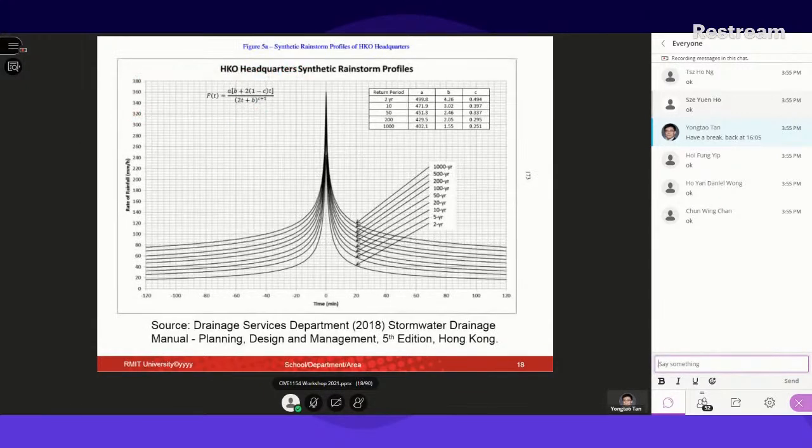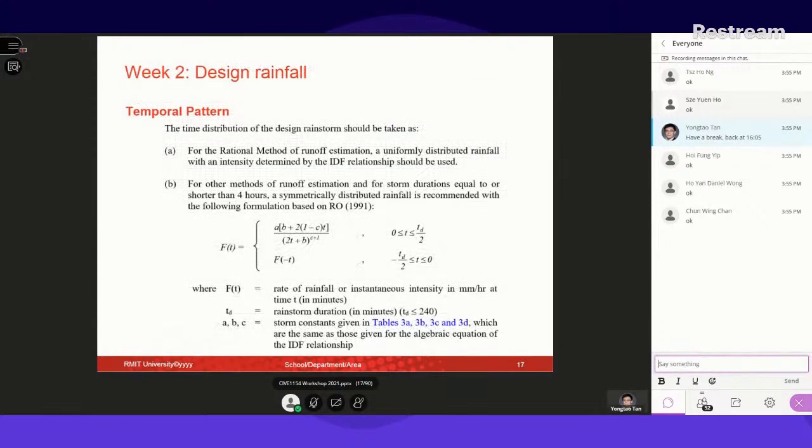You can see these are different. We use what is called synthetic rainstorm profiles, and they also use 3 parameters to determine the rate of rainfall.